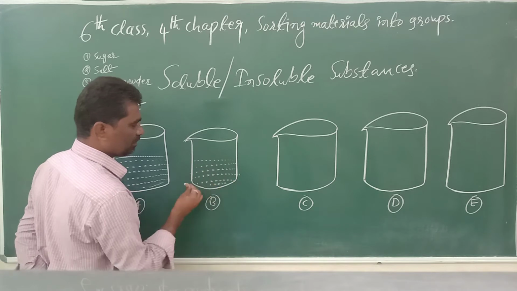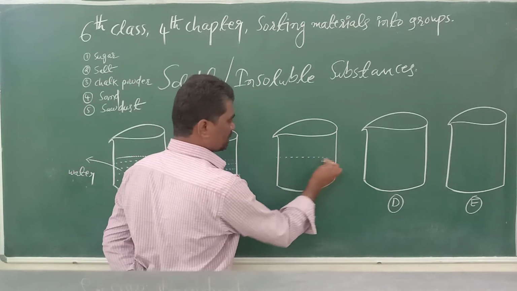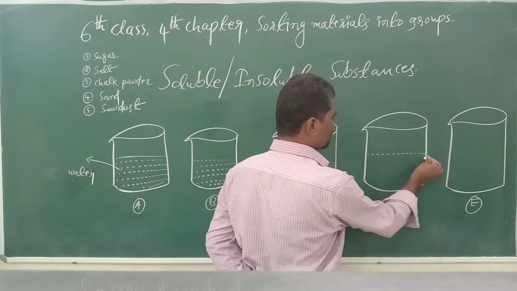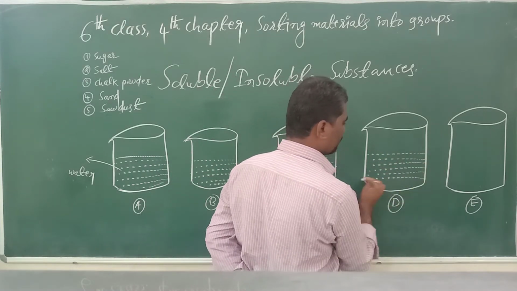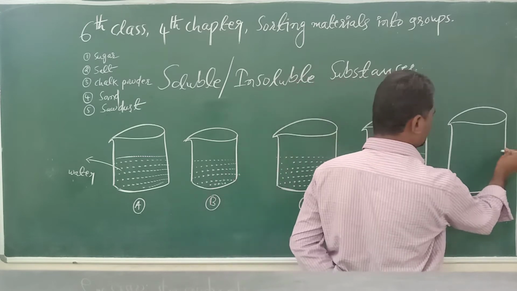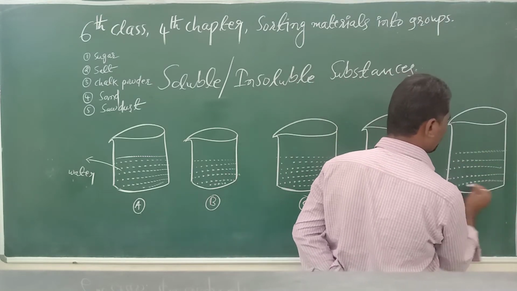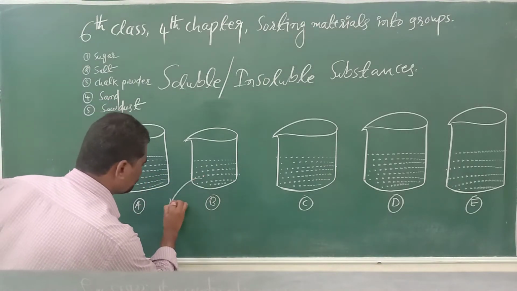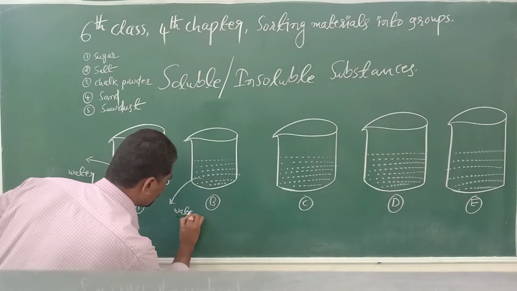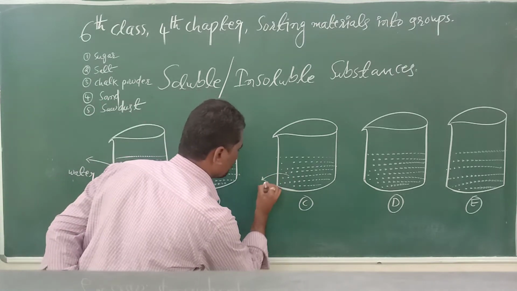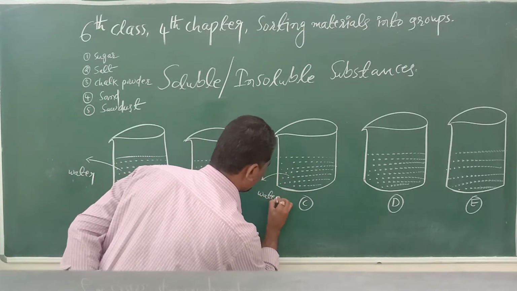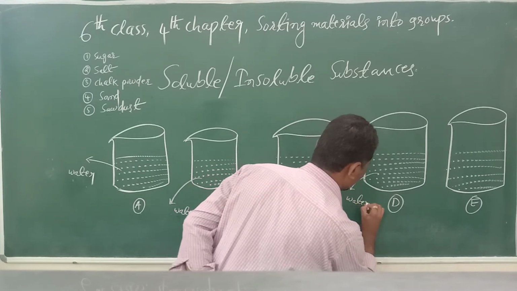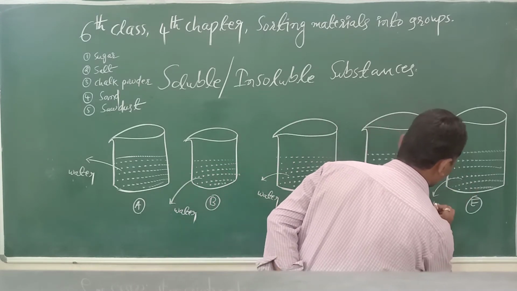Next, this container is also half filled with water. Next, this is also half filled with water. In this container also, half of the container is filled with water. So all these are water only.